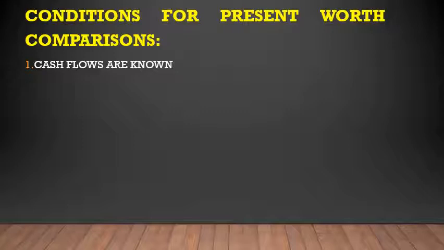That means the revenues or the costs are very clear and known to us. There is no probability of flow, nothing like that. Whatever it is, a cost or a revenue, it is known and there is no ambiguity with it.